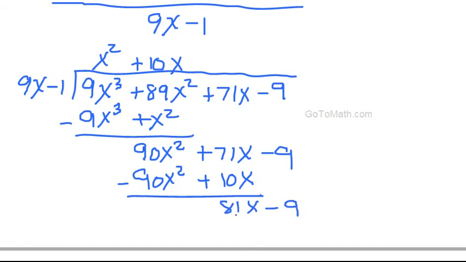So 9x goes into 81x, and that looks like that's going to be 9, right? 9 goes into 81, 9 times. 81x, and 9 times that minus 1 is negative 9. So here's another one with a remainder of 0.